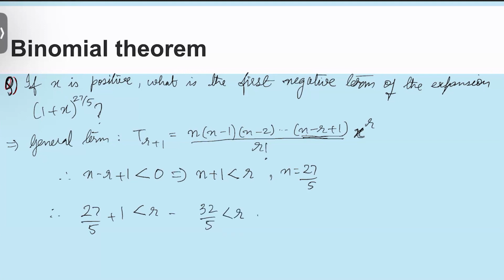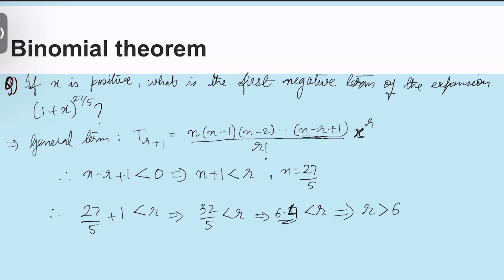So this would be 6.4, is less than r. Since we are dealing with the number of the term, which term we are talking about, this has to be a whole number. So we can write that r has to be greater than 6.